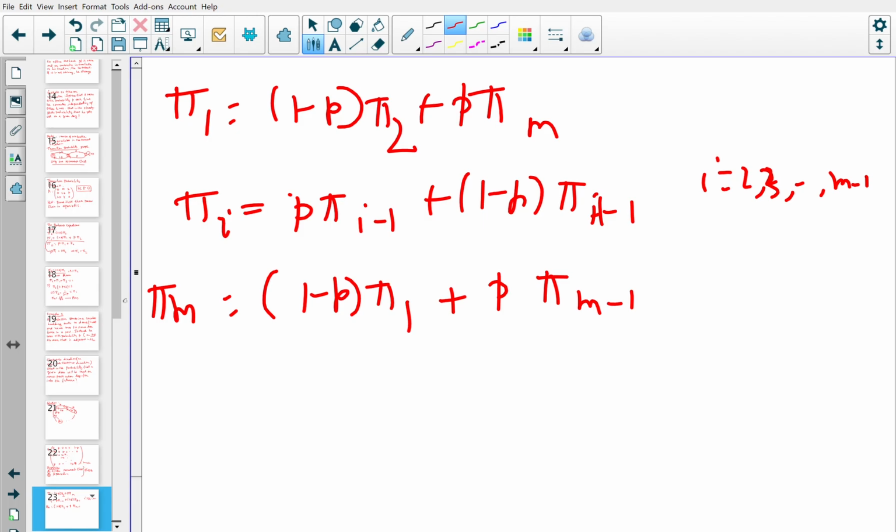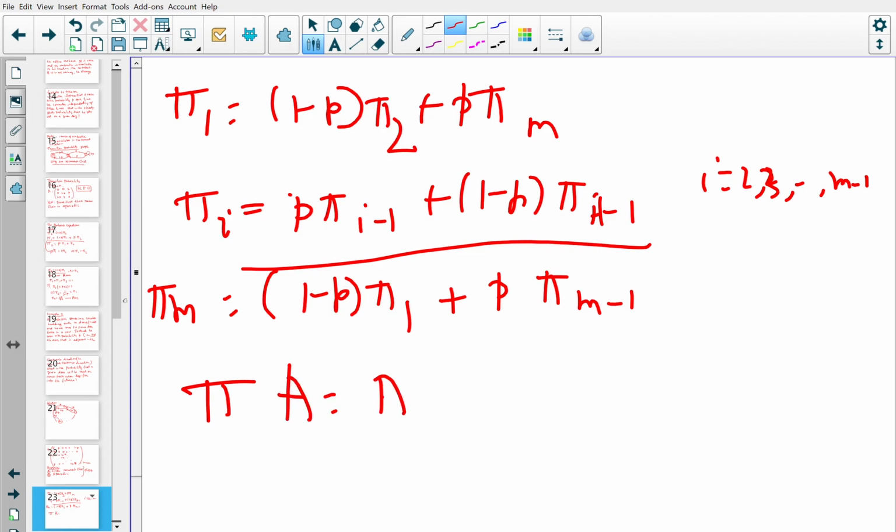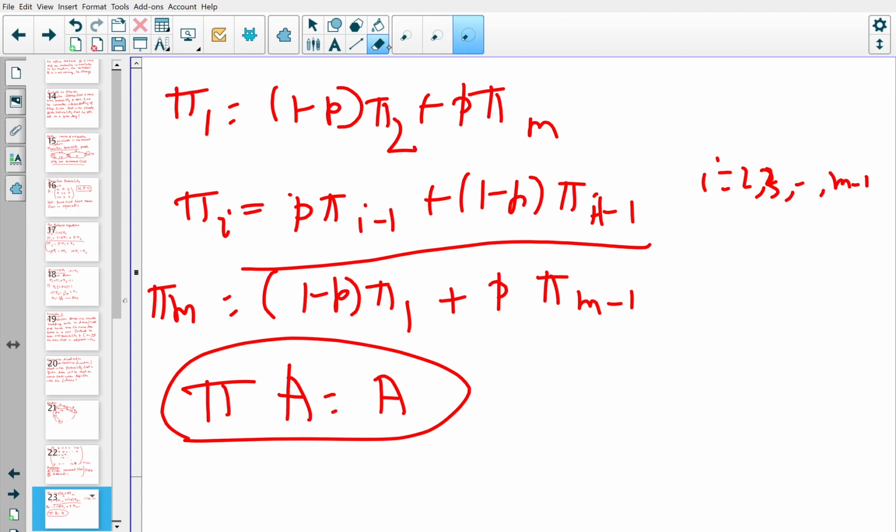Okay, and now you need to solve these equations. If you solve them, you will see that any two of these equations suffice. So what do you need to find? You need to find the row vector pi such that pi times A equals pi.